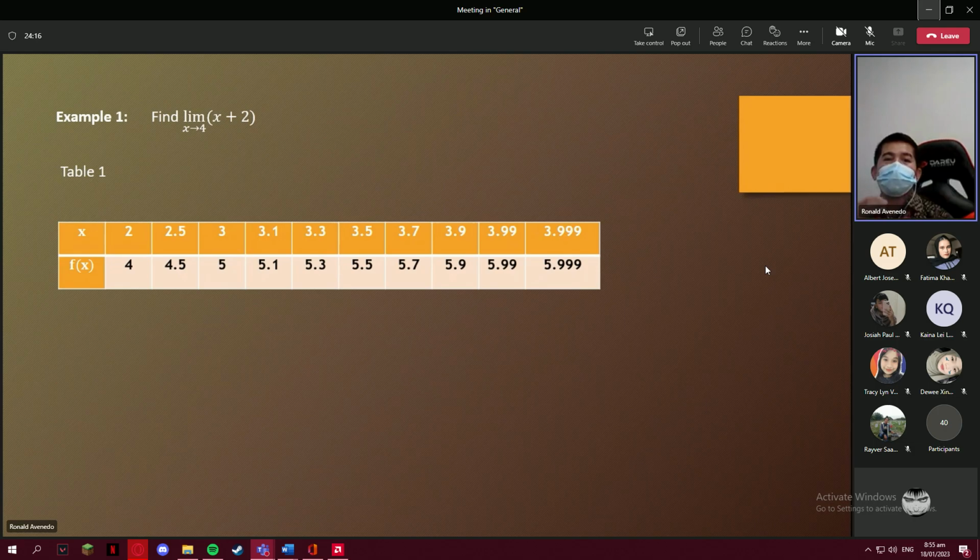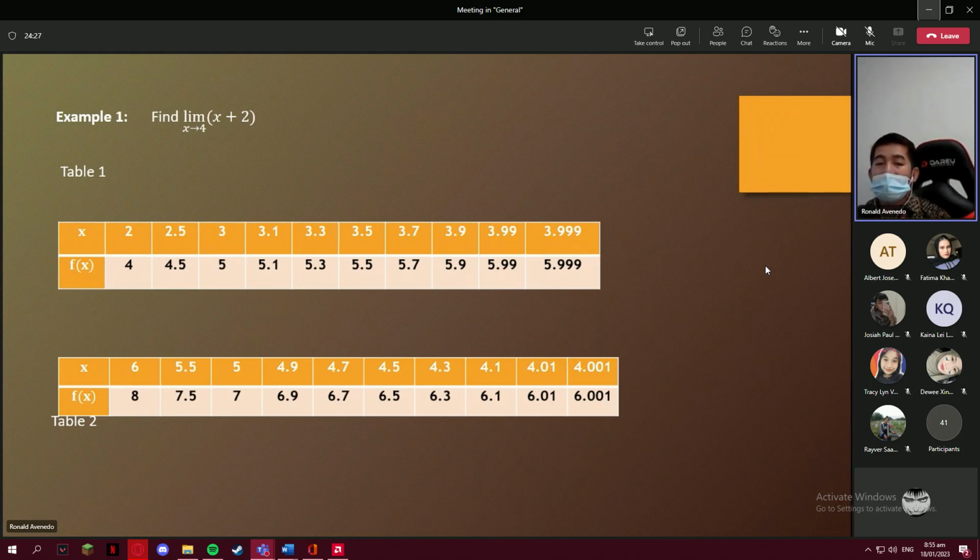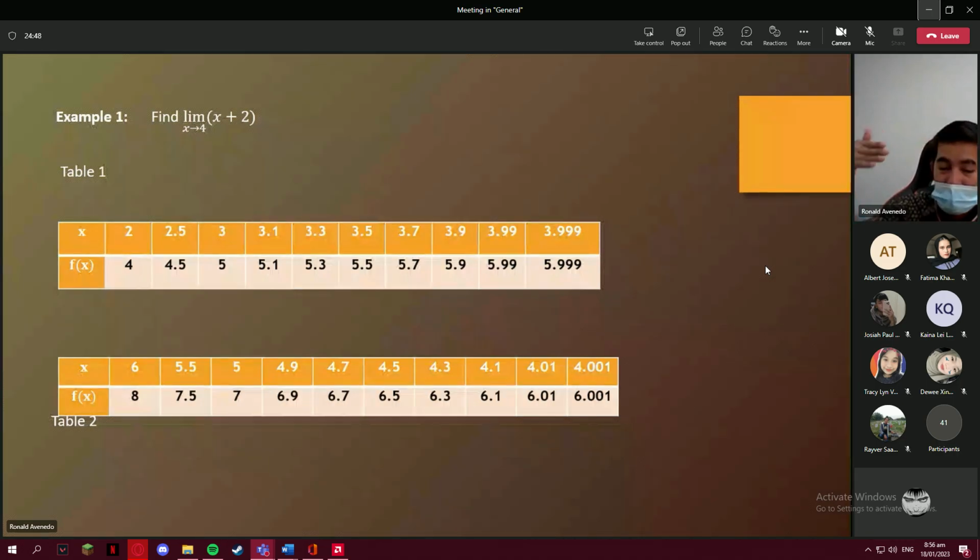So we're done with the values of x as it approaches 4 from the left. Now we'll have the next table. This is now the values of x as it approaches 4 from the right. Ito ay sa kanan, di ba? Ang kanan ng 4, we have from positive infinity, or if we will start from 10, 10, 9, 8, 7, 6, 5, and so on.